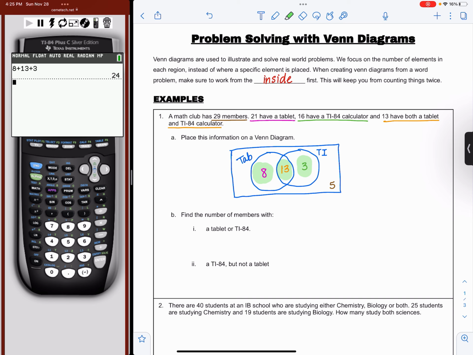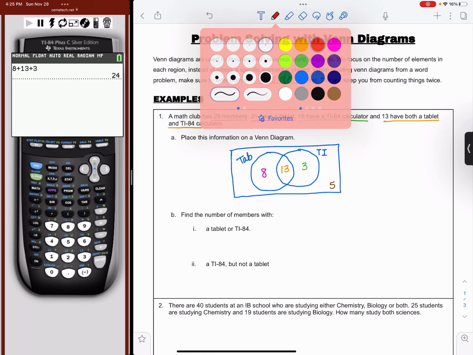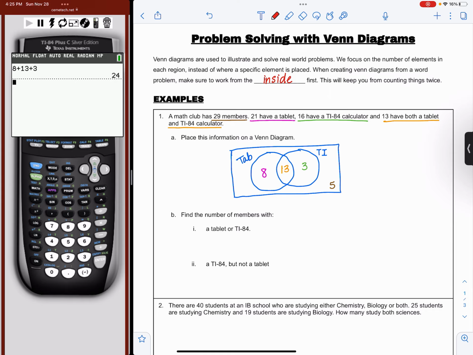It says they have to have either a tablet or a TI-84, so that is the union of the two, which means I would notate it as the number of people with a tablet union a TI-84 would be equal to 24 people. Because I don't care which one you have, as long as you have either or.